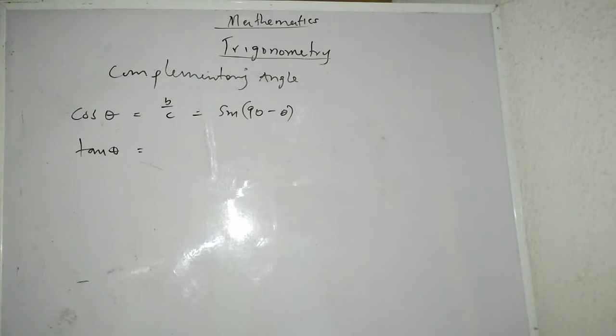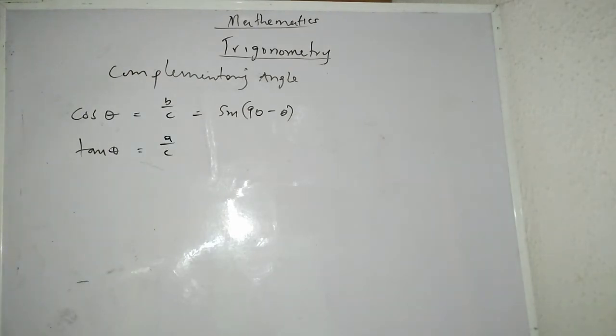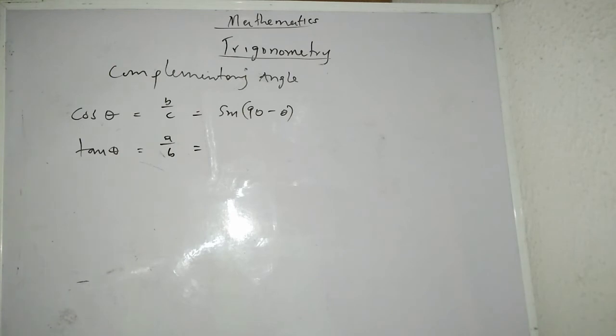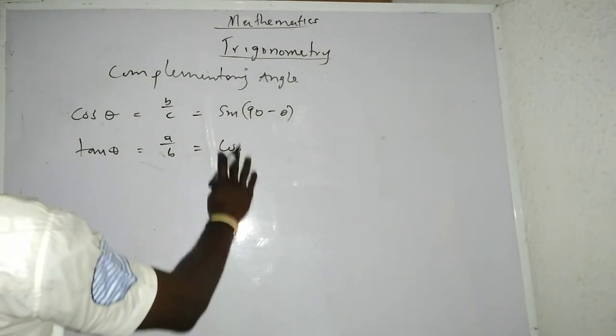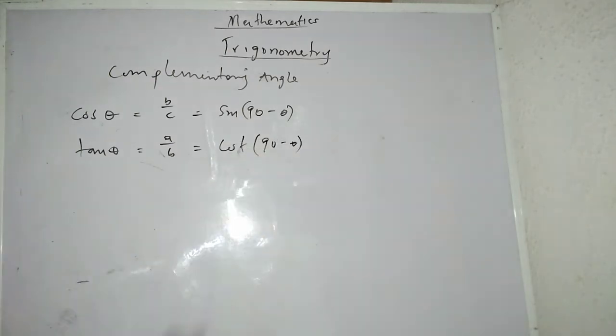I can also express tan theta as A all over B, which is the same thing as cot of 90 minus theta.